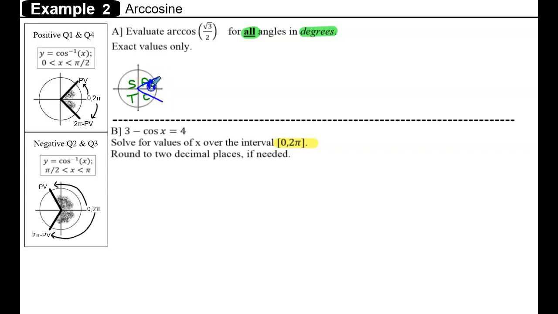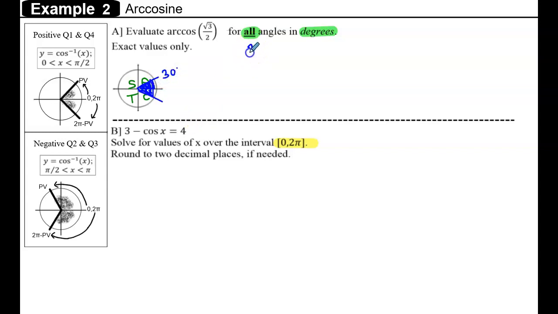So our two solutions would be for one revolution of the circle in quadrants 1 and 4. We're asked to evaluate in degrees, and the arc cosine of root 3 over 2 is asking us what angle in degrees in quadrant 1 has an x coordinate of root 3 over 2, and that would be at 30 degrees.